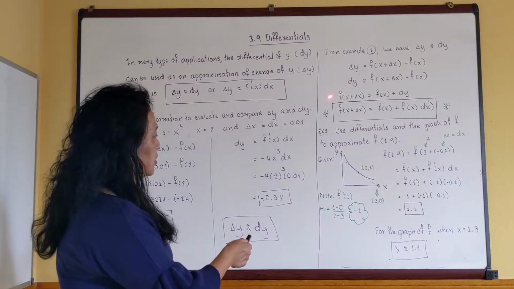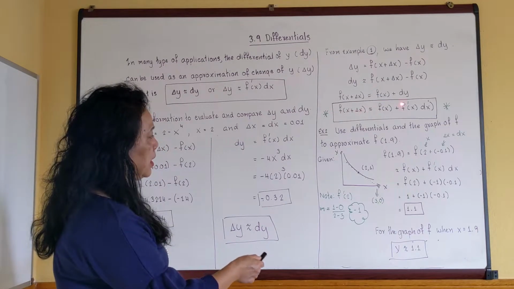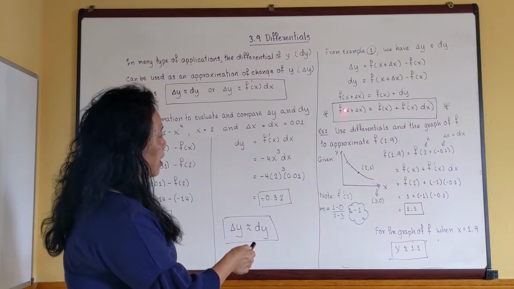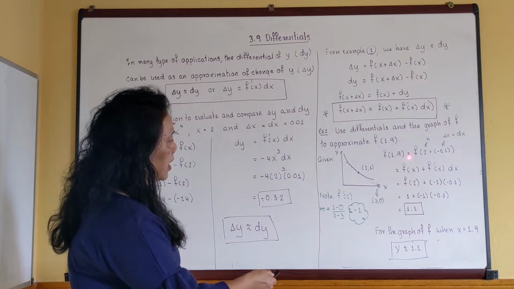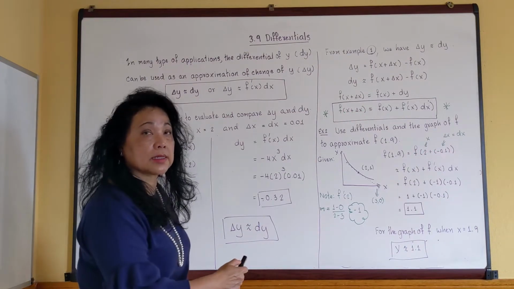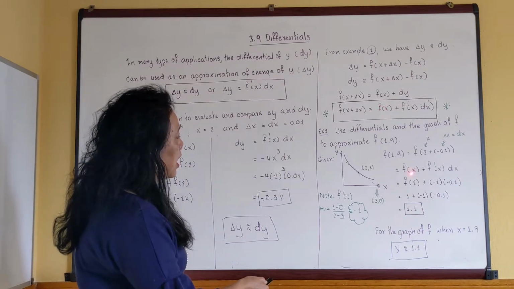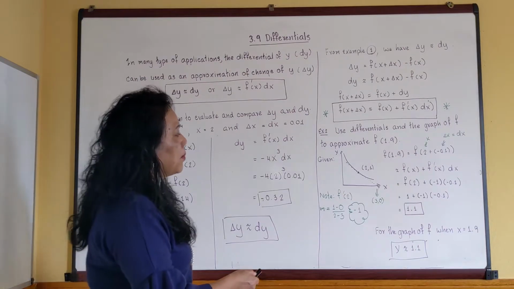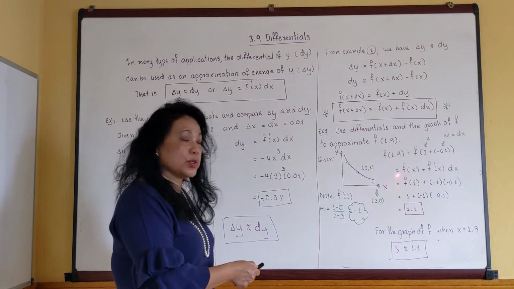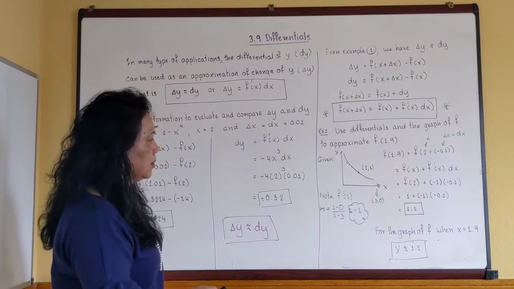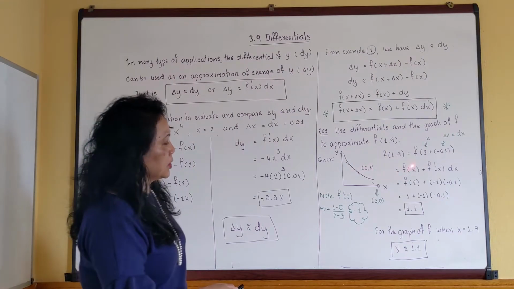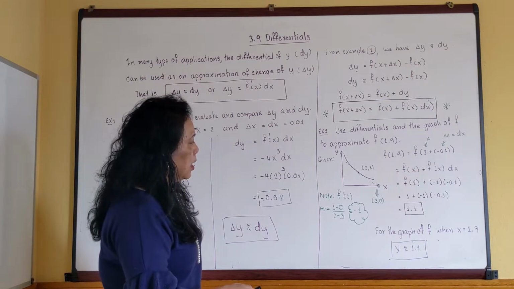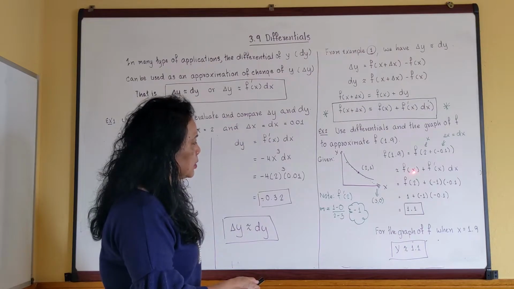So let's use this formula right here. f of x plus delta x is approximately f of x plus f prime of x dx. My x is 2, that's why I picked 2 in the first place, because I have this information. So f of 2, when x is 2, y would be 1 right here.